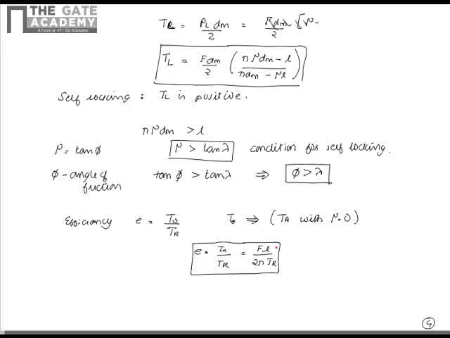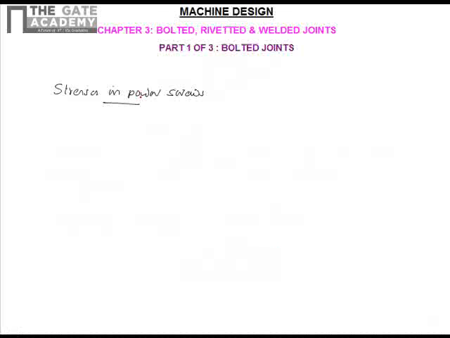Now, before coming to the end, we will see what are the stresses coming in the power screw. One is the axial stress, which is due to the load F. The axial stress in the body is given by sigma, which will be equal to F by A, that is 4F by pi dm square.